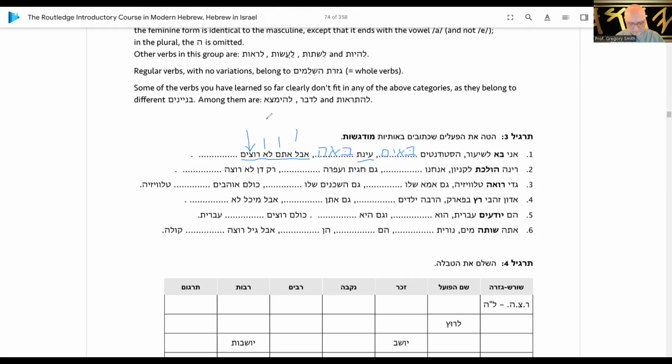Lirtzot. There we go, לרצות. Well, we don't use... let's see, you all do not want, we've got to come up with to come. That's what we need, to come. So it's going to be lavo, I bet you.